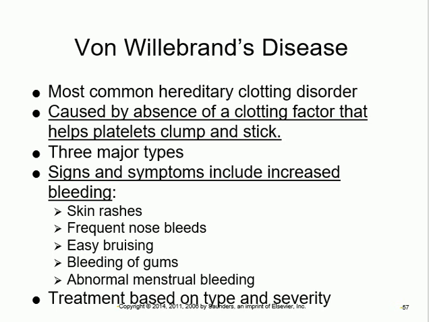The details are not important. Just one of the blood clotting factors is deficient, called von Willebrand. Obviously, you will not have good blood clotting. You will have bleeding everywhere.